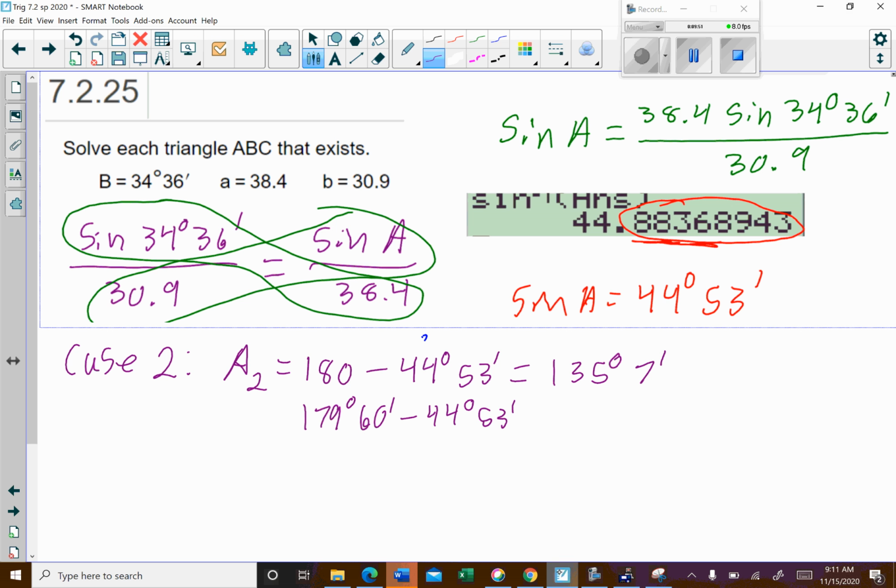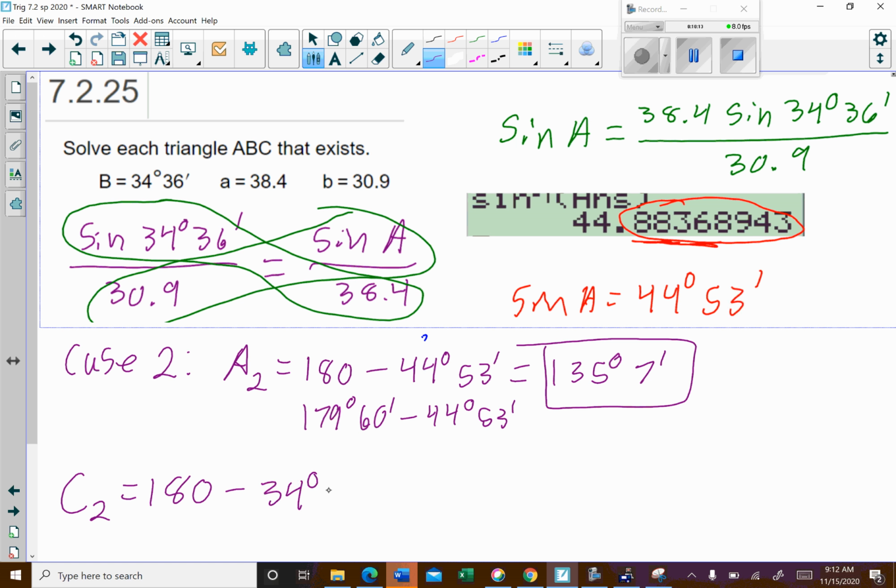So now that we have that, we want to go ahead and find angle C. And so the way angle C would work, we'll call it angle C2, is the same way we did on the first page. We're going to do 180, and then we're going to subtract off the angles that we do know. So angle B never changes.